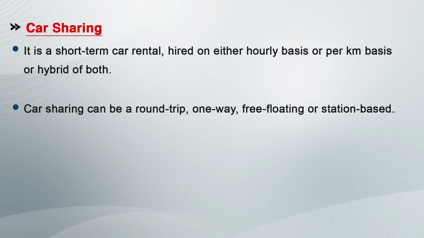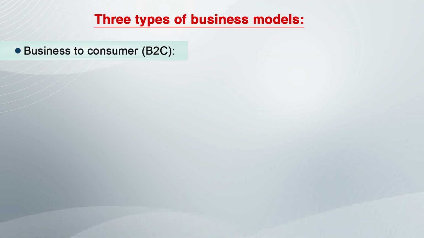One way, in which your customer can pick up and park the vehicle at any authorized parking spot. Free floating, where your customer locates the nearest available car using the mobile app, uses it and then drops it off at any location. Or station based, in which your customer can pick up and return the vehicle at designated rental stations only. So, three types of business models can be used for car sharing.